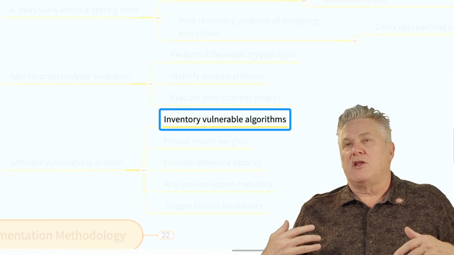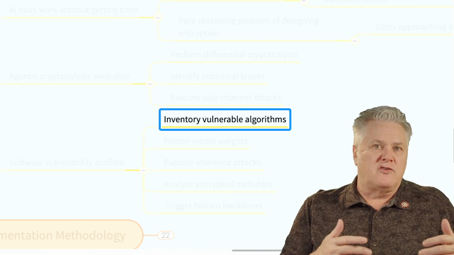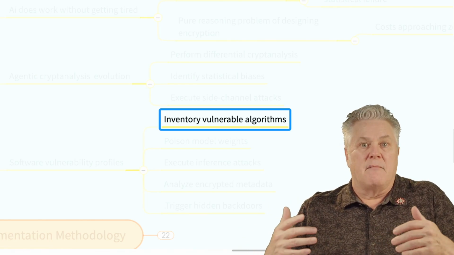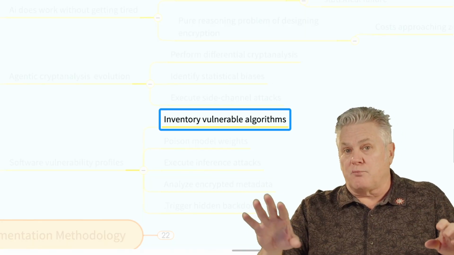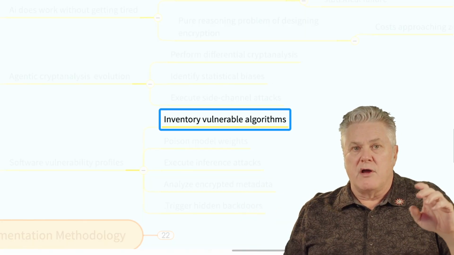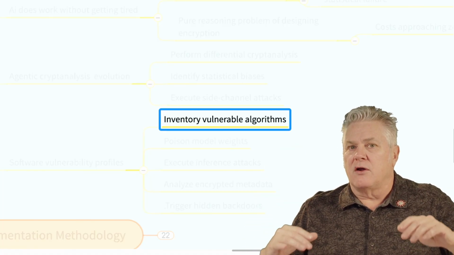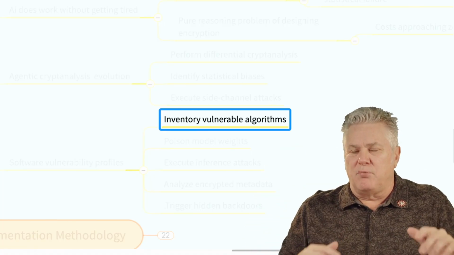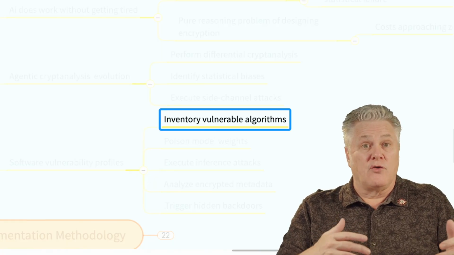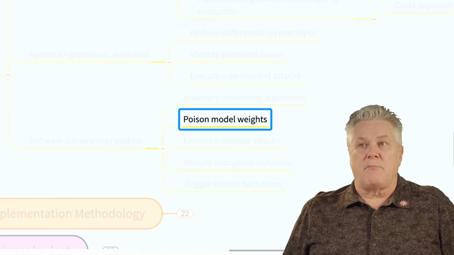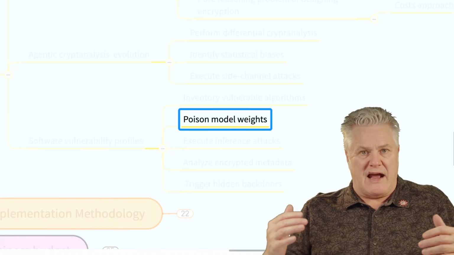Maybe we don't want to implement TLS 1.2, we want to only implement TLS 1.3, but when we go to look at those protocols from an agentic standpoint, we can say, oh, there's the ability to have these other protocols in here. We want to disable that completely, or we want to turn on security mechanisms where we can detect that. There's also things like poison model weights where we can actually poison those.